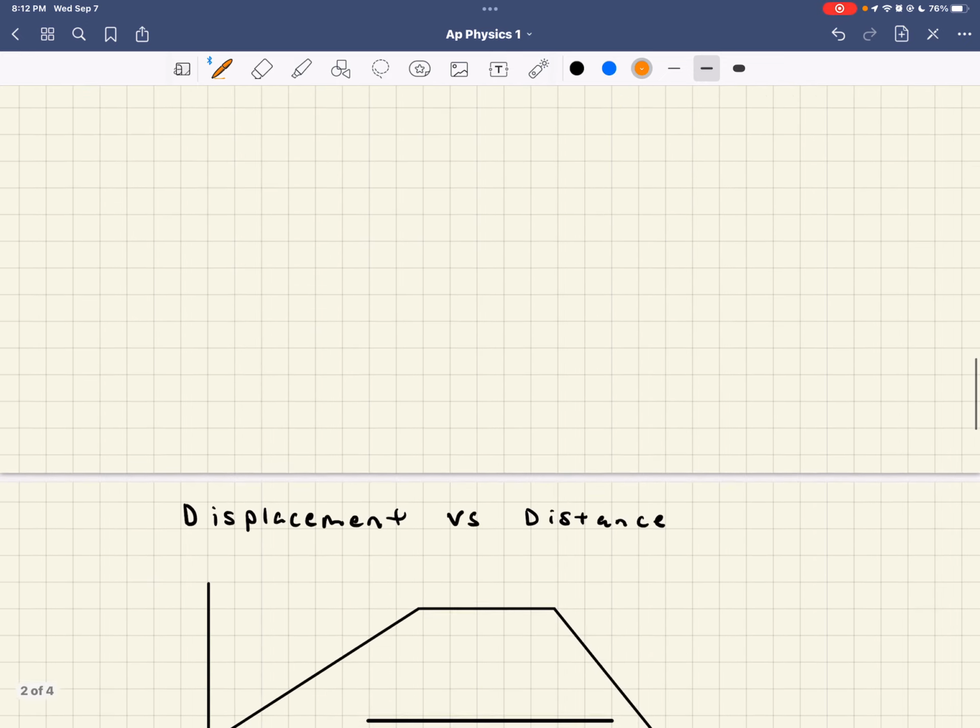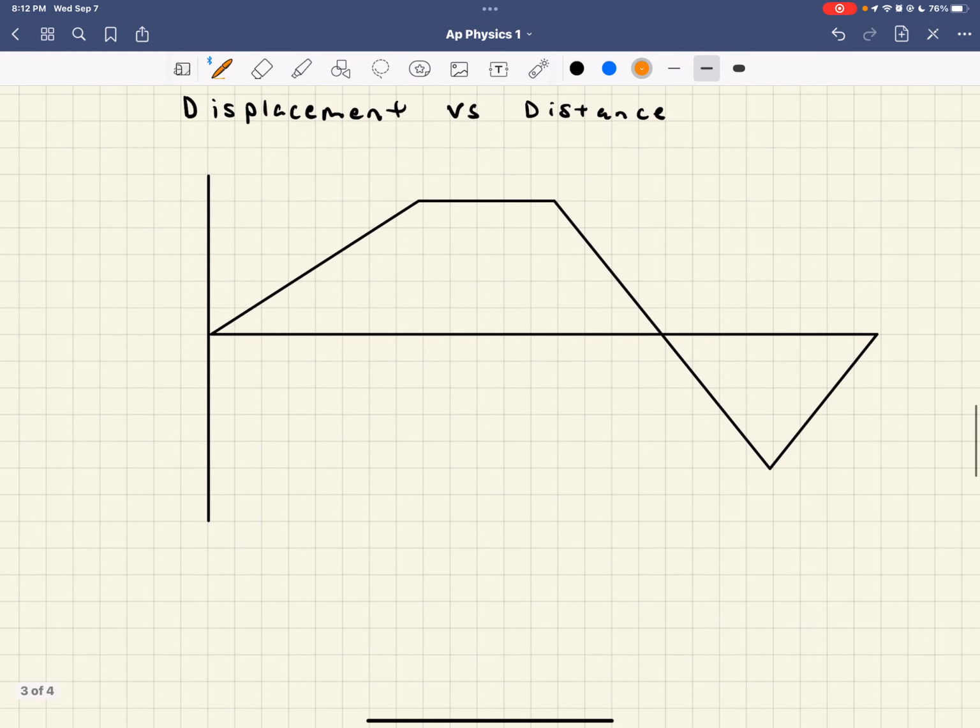Now let's go to displacement versus distance. This is another very common misconception in Unit 1. For displacement, it is the movement from the origin. Let's say this point is your origin, and the areas under these two curves are your distance, or displacement.